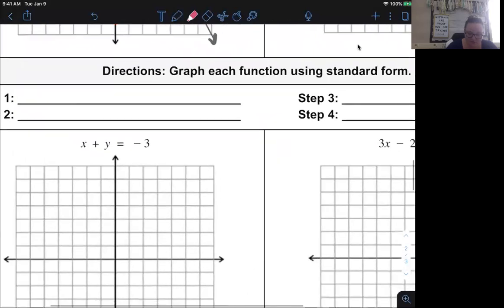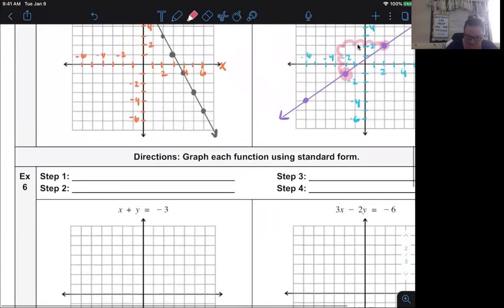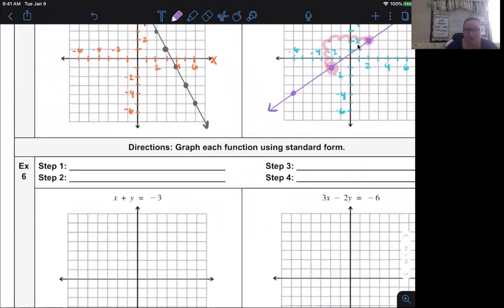Let's move on to learning how to graph a function using standard form. So with standard form, our steps change just a little bit. Remember, with standard form, we were able to find our x and our y intercepts. So we're going to use our x and our y intercepts to actually help us make our graph. So step 1 is you're going to want to find the x-intercept.